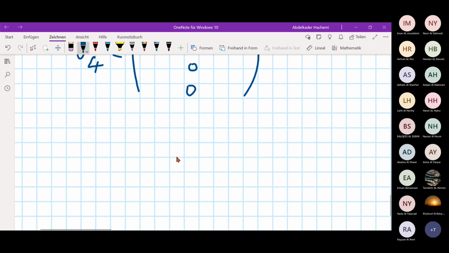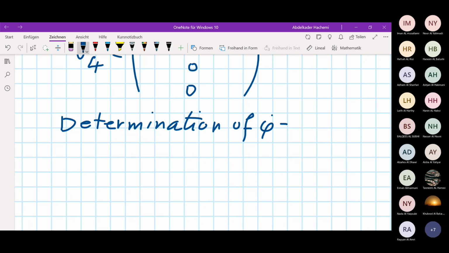Then it means we have here L, what we noted in the lecture, for the determination of v dot. Okay, here it's unknown.